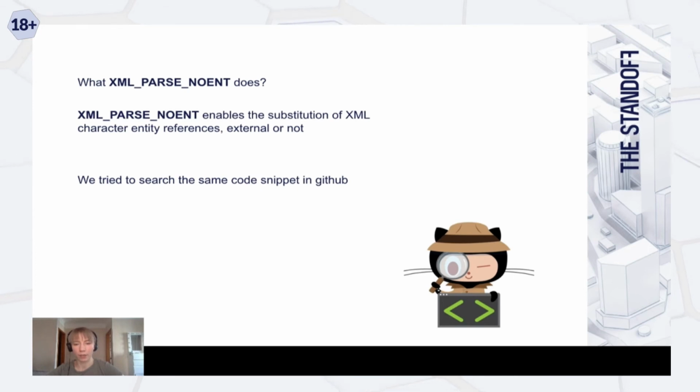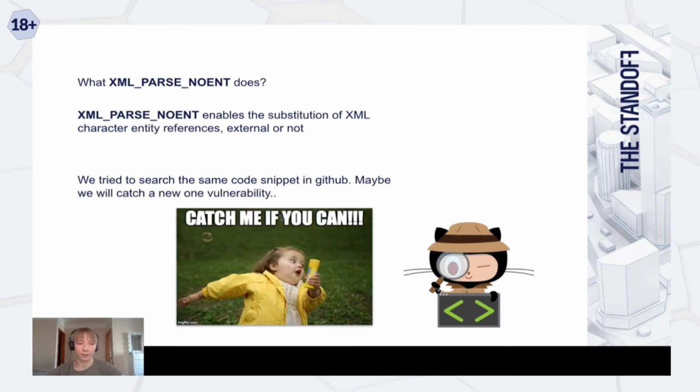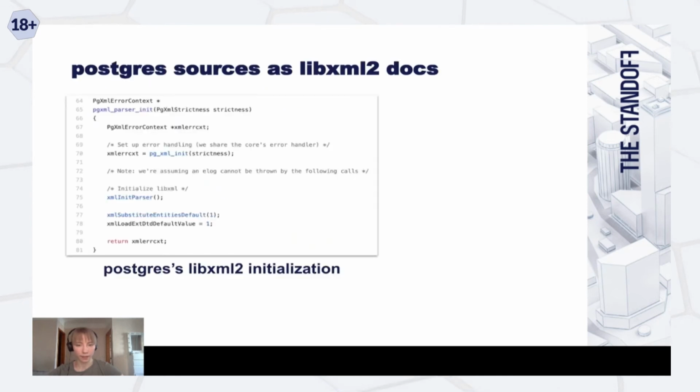We wanted to find the same code snippets. What if we find a similar problem, just like in DCMTK? But this has not happened. We found the Postgres source, and we could easily see how this function was used. They have the same initialization as DCMTK. They substitute entities by default.